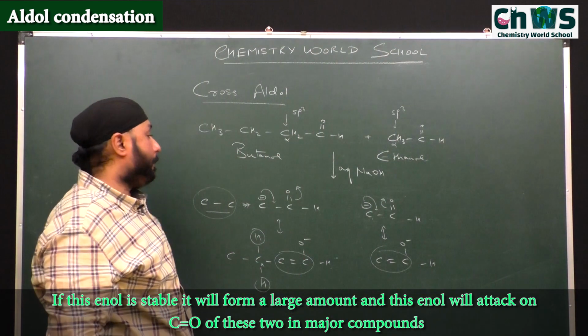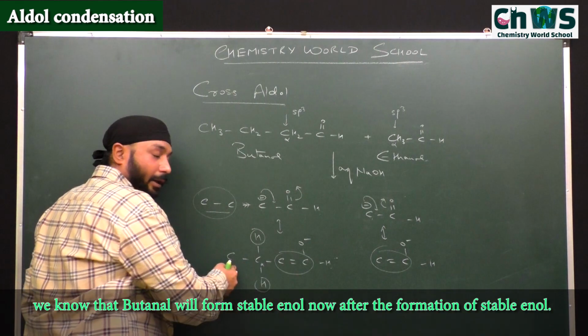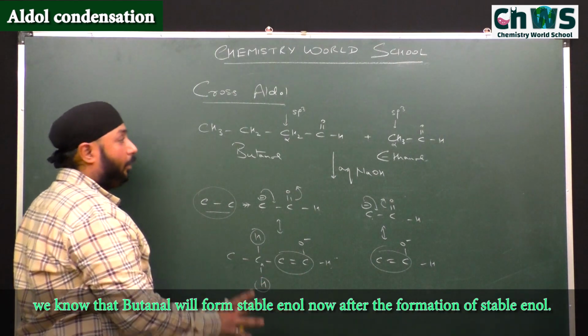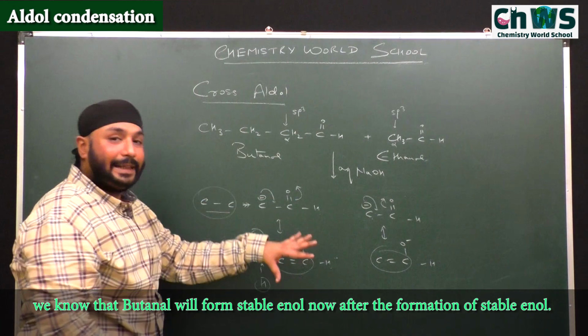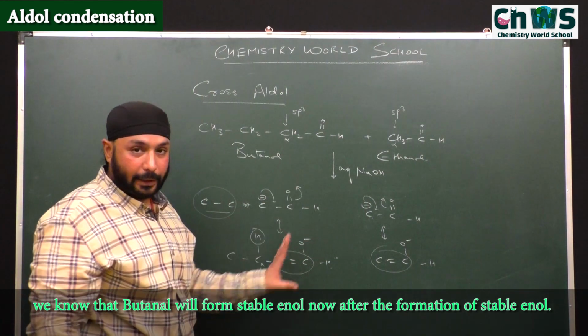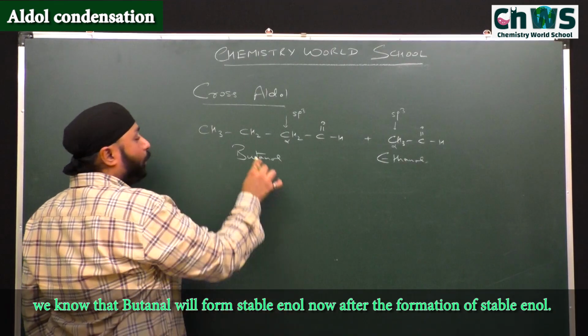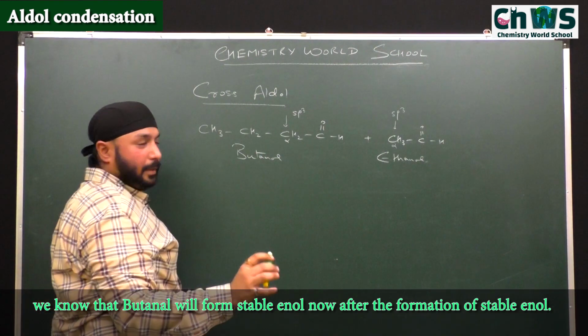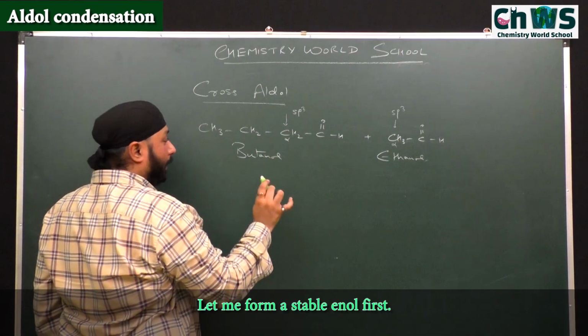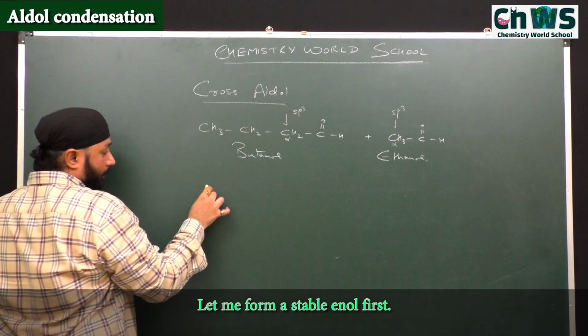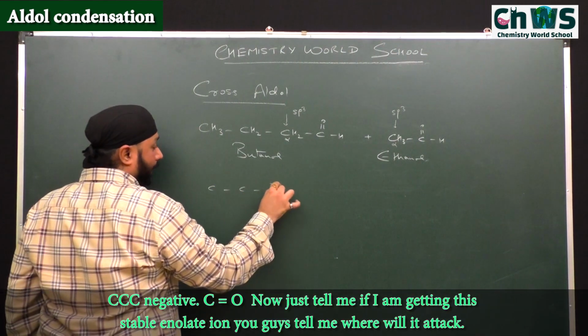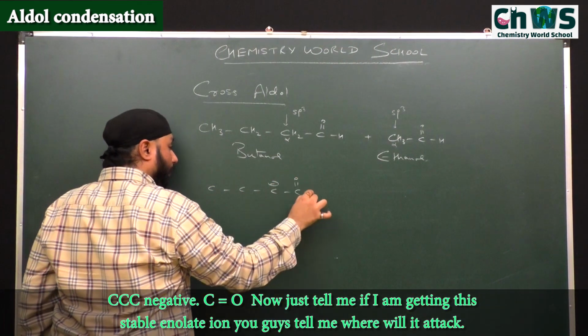Now just tell me, this will form the stable enol, correct? Now we will perform the addition reaction in this particular reaction, right? We know that butanal will form the stable enol. After formation of the stable enol, let me form the stable enol first. C negative, C=O H.